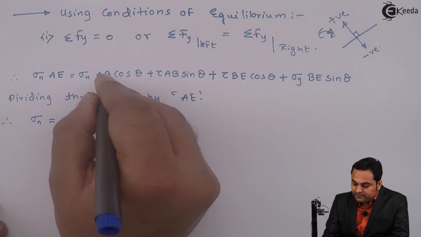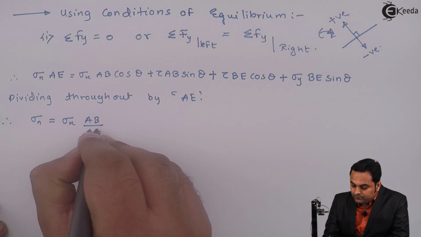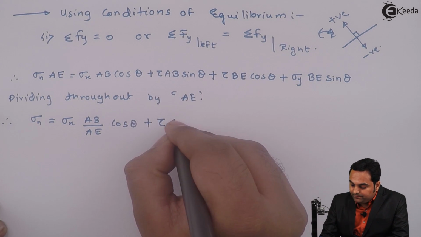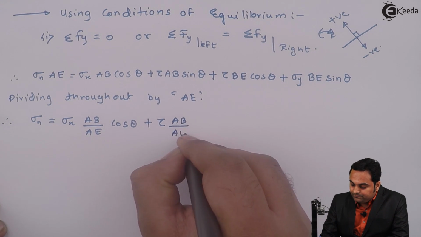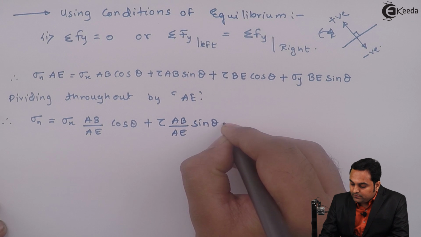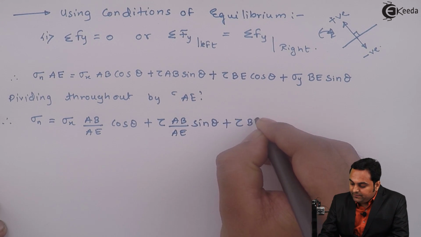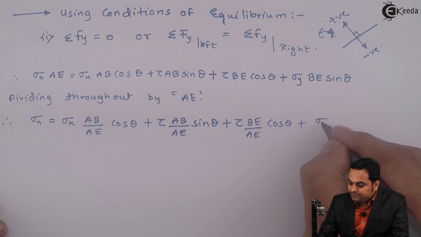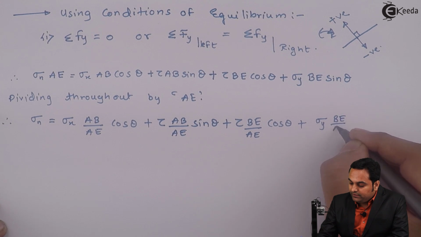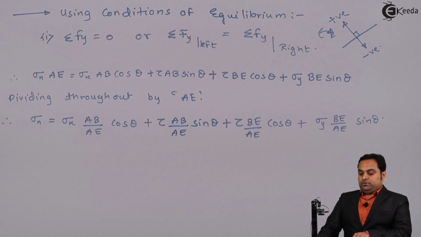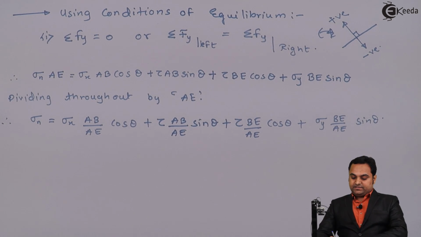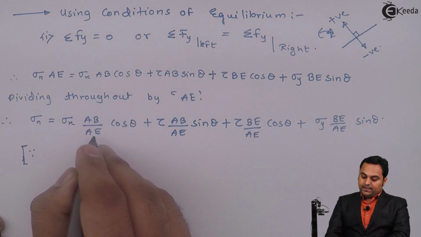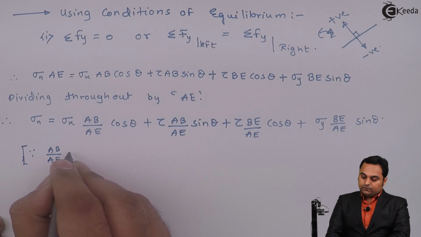Here there is sigma x AB upon AE cos theta plus tau AB upon AE sin theta plus tau BE upon AE cos theta plus sigma y BE upon AE sin theta.